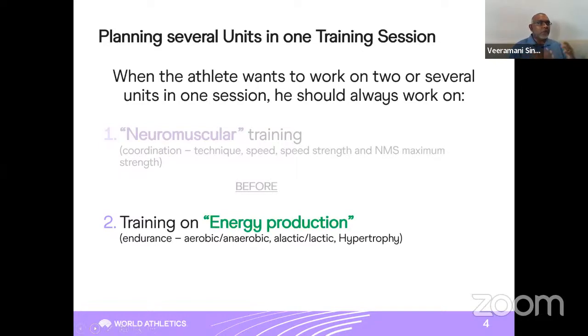So in terms of the systems that we shared earlier, anything related to the neuromuscular platform, the neural system load, will always come before the energy-related work, more the physiological aspect of it, metabolic conditioning if you want to call that. So endurance, aerobic, anaerobic, alactic, lactate, and even the hypertrophy part of that will come through.